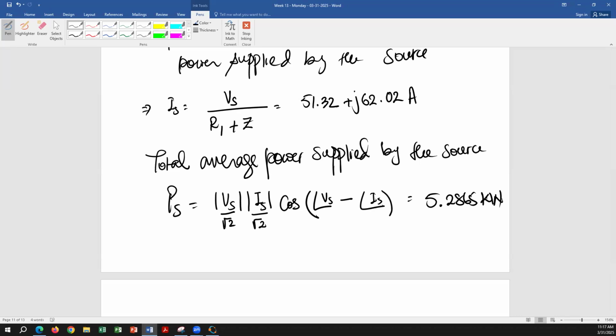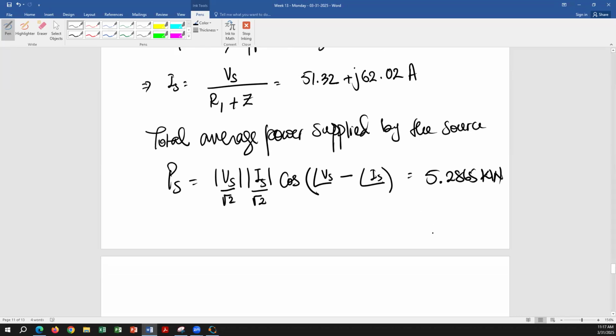Let me know if you're getting the same result or different. So that's the second part. We calculated it first since we already had the Is value.